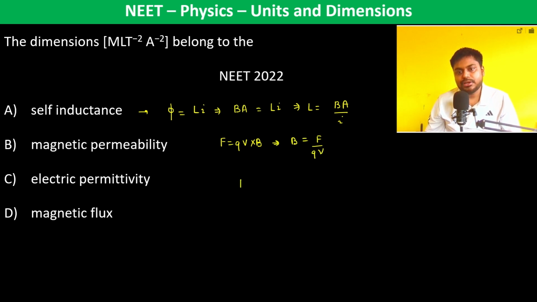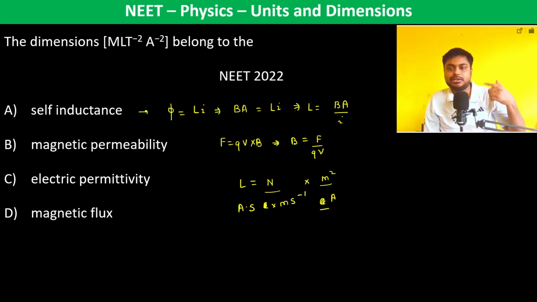Therefore we can write L is equal to F, that is Newton, divided by Q, which is Coulomb, velocity, which is meter per second, into area, that is meter square, and divided by the current, which is an ampere. We can write this Coulomb as ampere into second, because ampere is a fundamental unit but Coulomb is not.